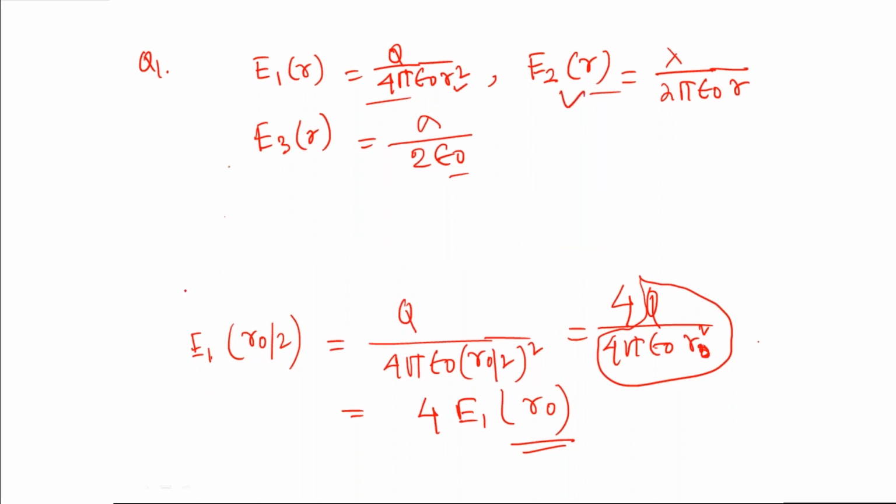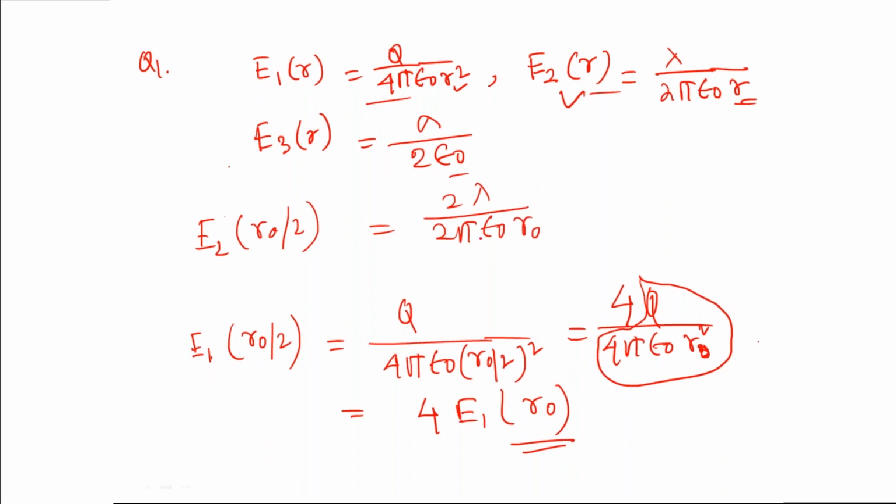So what does this mean? This means 2 into E2 at R0. So this is the thing we have got.